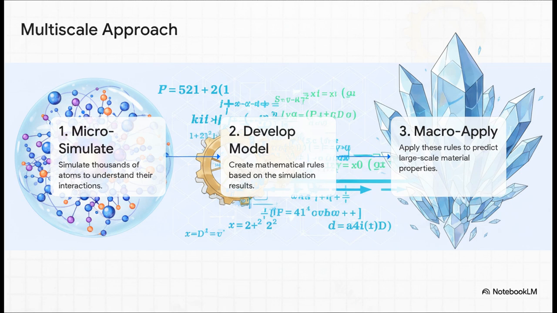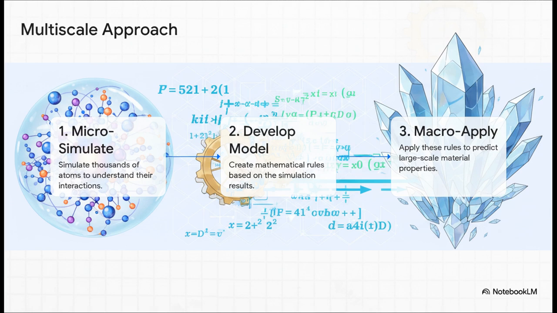First, you run that microsimulation to get these fundamental insights. Second, you take what you learned and you build mathematical rules or models that describe how the material behaves on a larger scale. And finally, you apply those simple, efficient rules to the whole crystal to predict its real-world properties, like its strength or how it grows, all without ever having to simulate those 10 sextillion atoms.